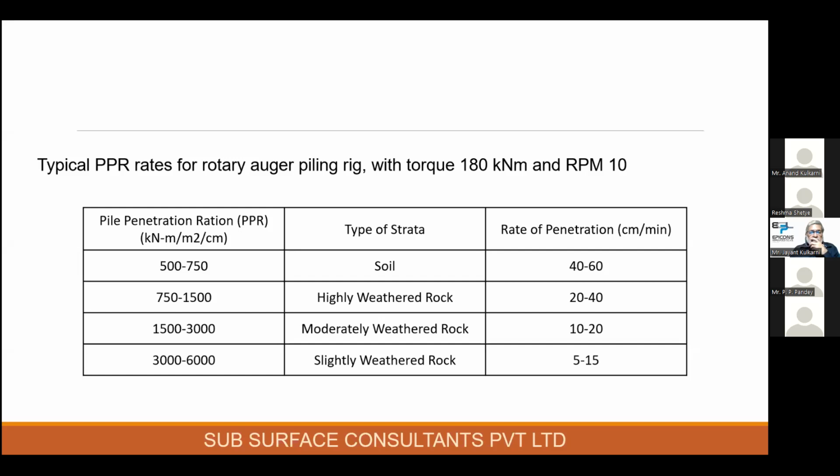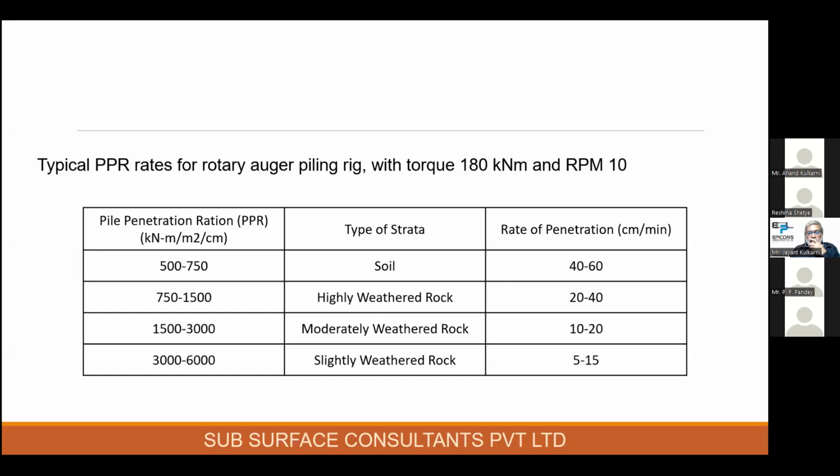In highly weathered rock, the penetration is 20 to 40. In moderately weathered rock, the rate of penetration is about 10 to 20 centimeters. And in slightly weathered rock, where the rock is hard, the penetration would be between 5 to 15. And the corresponding pile penetration ratio values would be between 3,000 to 6,000 kilonewton per meter square per cm. The PPR value will be that much.